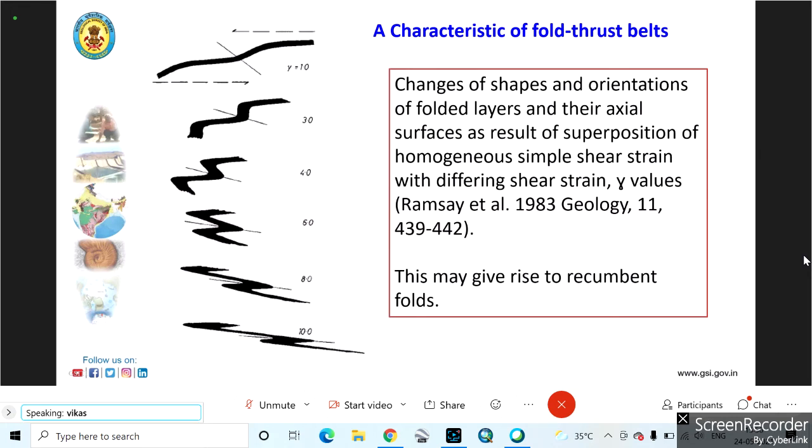That is, this shear strain value gamma, and you can notice that as the shear strain values are increasing, the axial plane is becoming more and more horizontal, or even tilted, or even rotated itself.